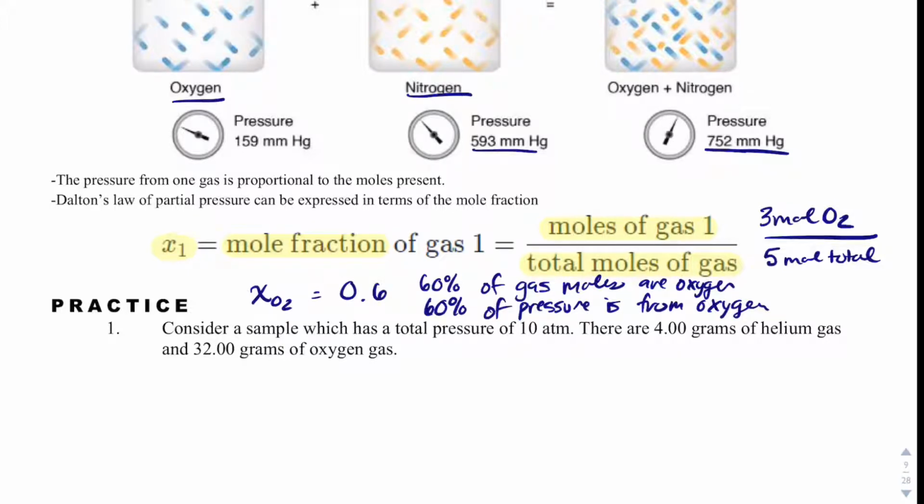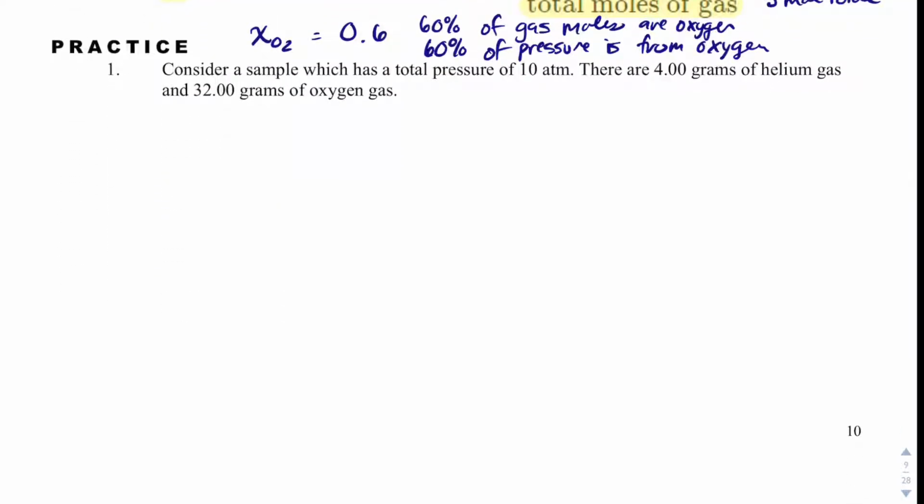Okay, so in example problem number 1 here, we've got a total pressure of 10 atmospheres, 10 ATMs. We've got 4 grams of helium gas, and we've got 32 grams of oxygen gas, and I have forgotten to write it here, but I want to know what is the pressure of each gas.